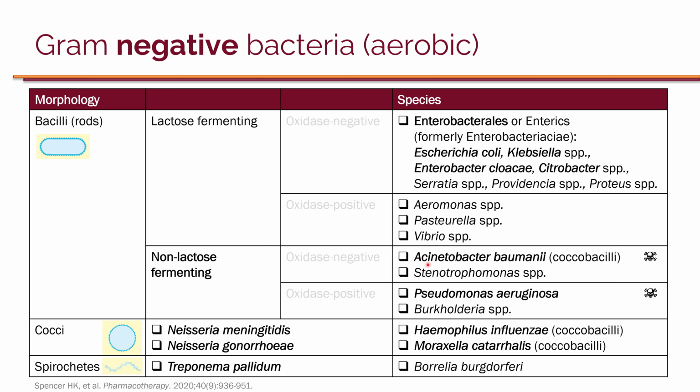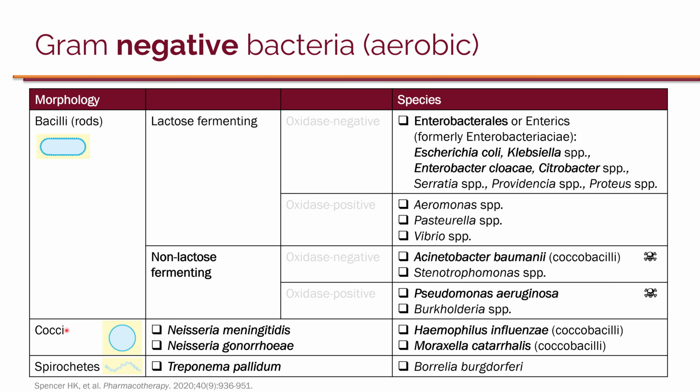Another significant organism here is Acinetobacter baumannii, which relative to Pseudomonas may be less virulent, so less likely to cause severe infections, but still pretty capable of doing so, and significantly more likely to have resistance compared to Pseudomonas. So these are very highly resistant organisms.